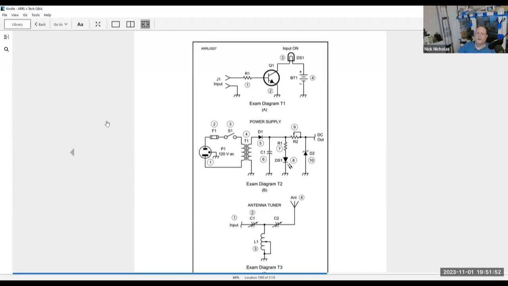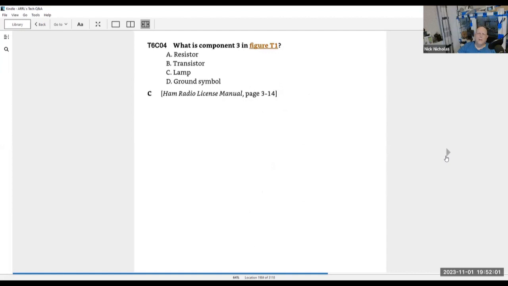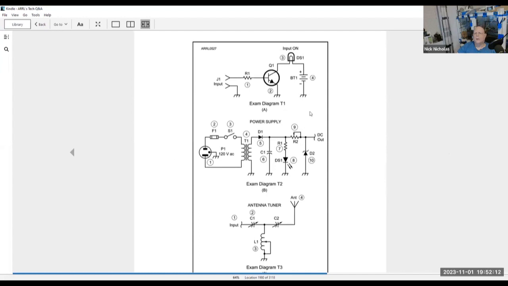Component 3 is a light bulb, an incandescent bulb. Well, they call it a lamp. Sounds good to me. What is component 4? I believe component 4 was the battery. Yep, that's the battery.